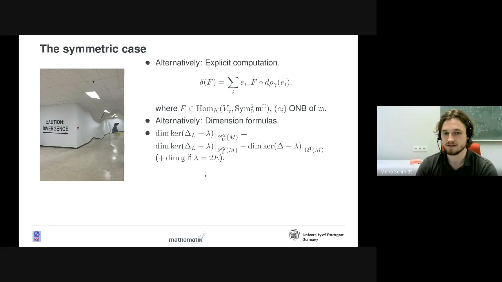So, it's a bit of a lengthy discussion to arrive at these formulas. It's not completely trivial, but it's possible.